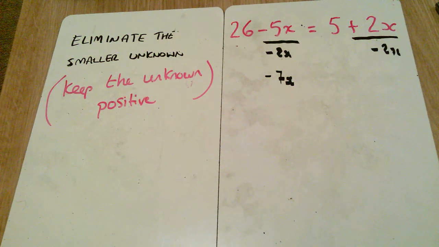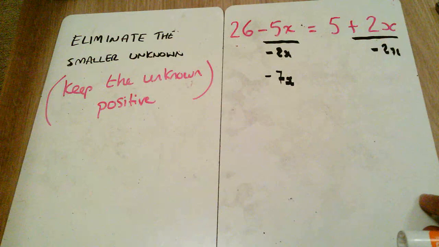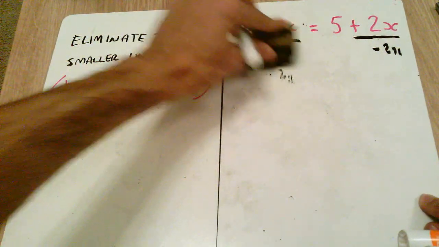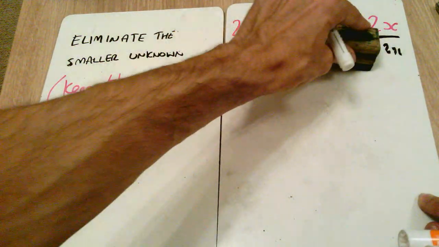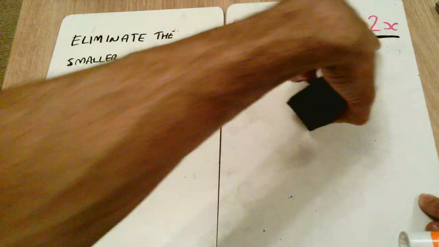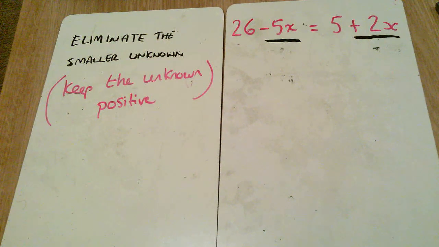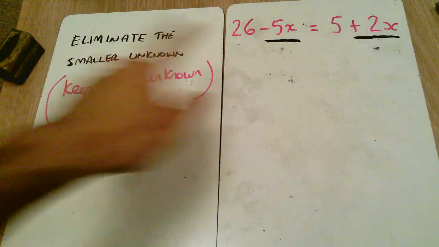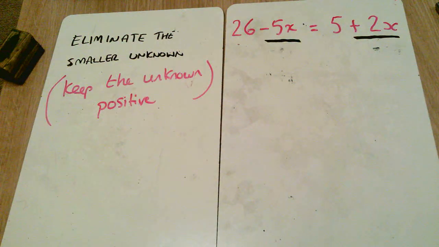So I'm going to explain to you what I think is a better way when tackling a question like this. When we first look at this, we have two unknowns, minus 5x over here and plus 2x. Now, the smaller unknown between minus 5 and plus 2 is minus 5. When we think of temperature, minus 5 is colder than 2 degrees.